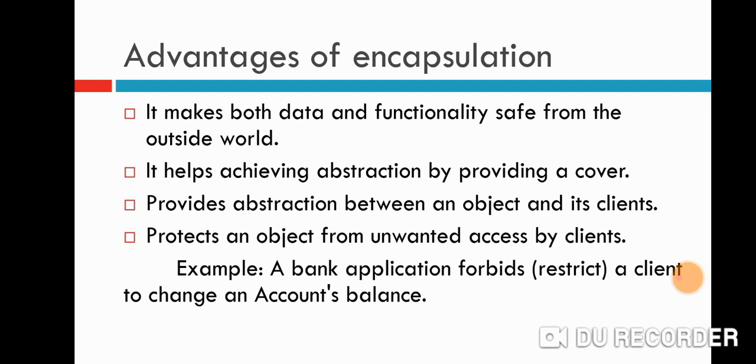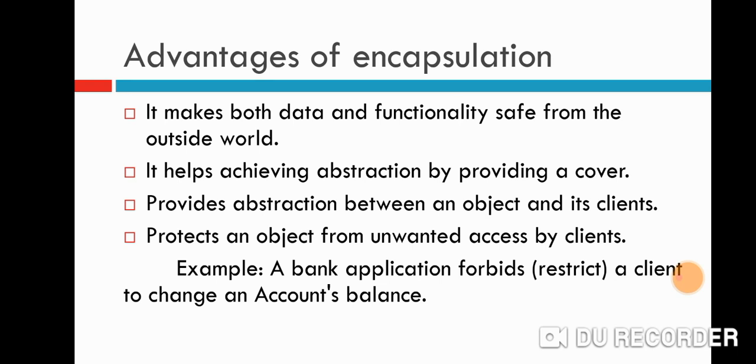It protects an object from unwanted access by the clients. An example of this is a bank application which forbids or restricts a client to change an account's balance sitting at home. You cannot just change the balance on your own, or anybody else can't, unless and until you withdraw the money and the bank updates it itself.